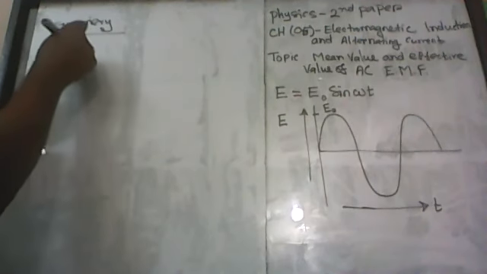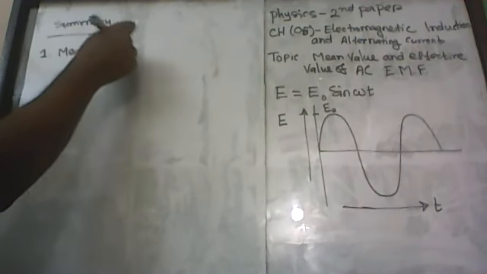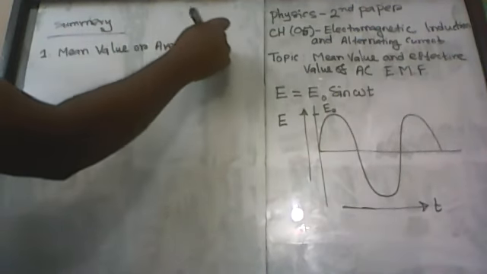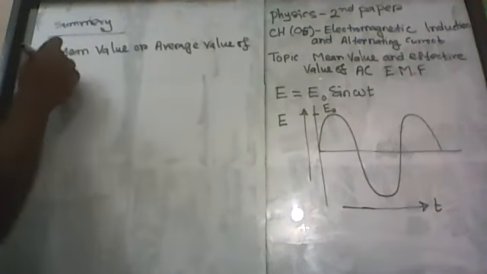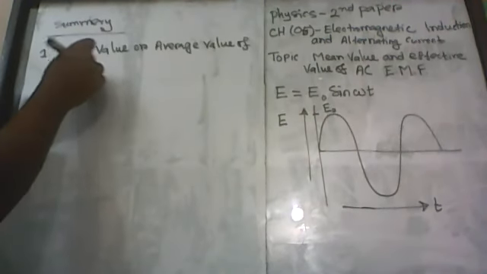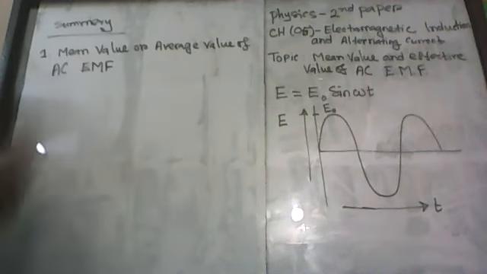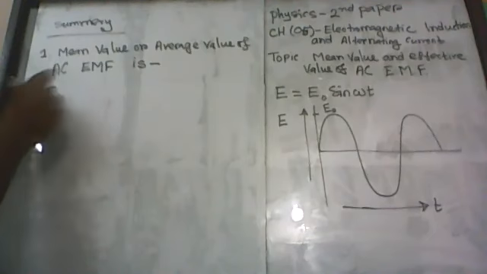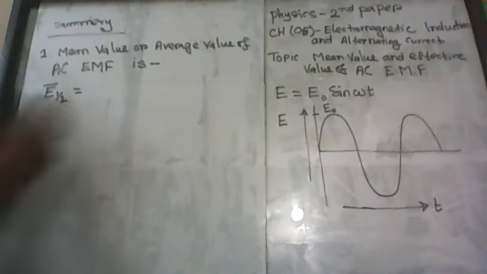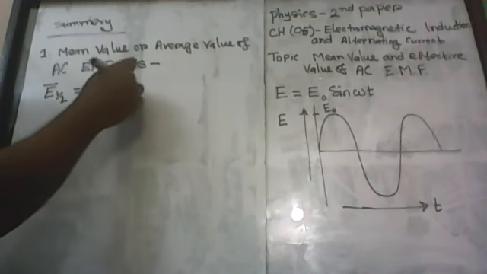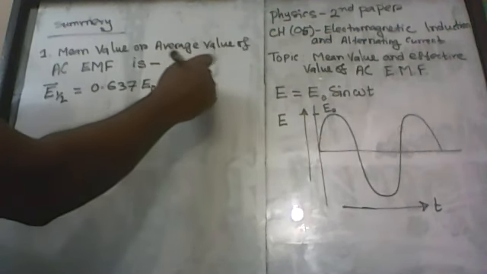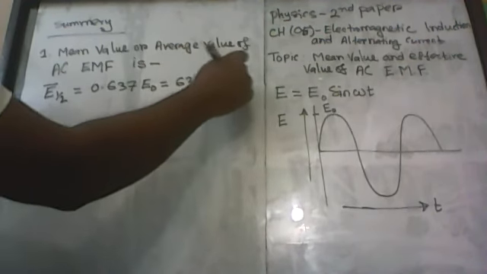Mean value or average value of AC electromotive force is E for half cycle, which will equal 0.637 of E naught, which is 63.7% of E naught.